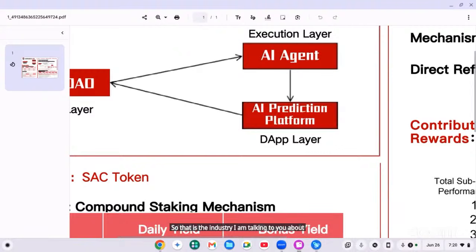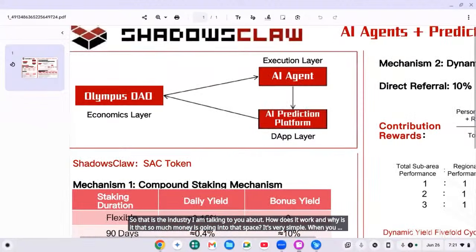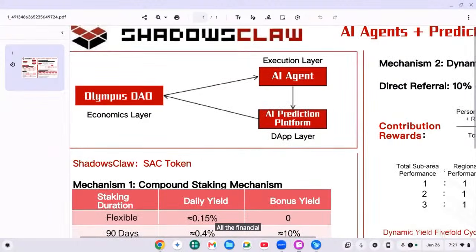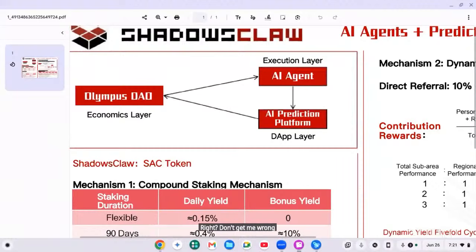How does it work, and why is it that so much money is going into that space? It's very simple. When you take all the financial instruments, let's say even if you are trading forex, it is all about you monetizing your opinion, right? Don't get me wrong. Opinion matters most.